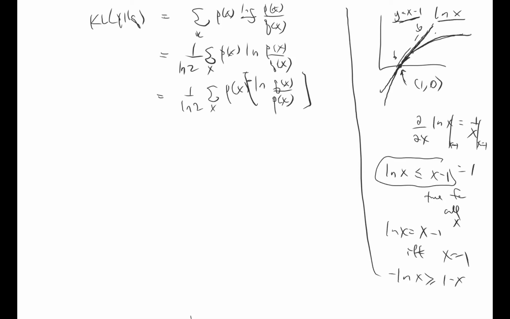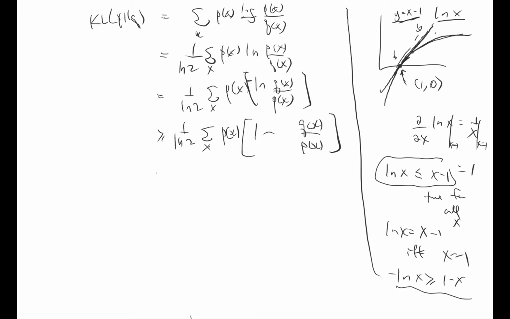Then I can use this inequality: this is bigger than or equal to 1 minus x, so it's bigger than or equal to log 2 sum over x of p(x) times (1 minus q(x) over p(x)).